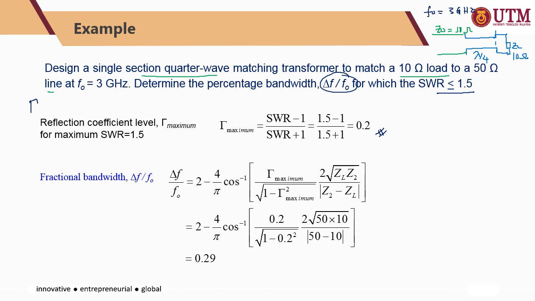The fractional bandwidth is given by this equation, which depends on the maximum reflection coefficient that we calculated earlier. Then your Z0 is given as 50 ohm, and ZL is the load, which is 10. With the reflection coefficient, you can get the fractional bandwidth. Since the question asks for percentage, make sure you give it in percentage. So 29% of bandwidth can be provided by this design.